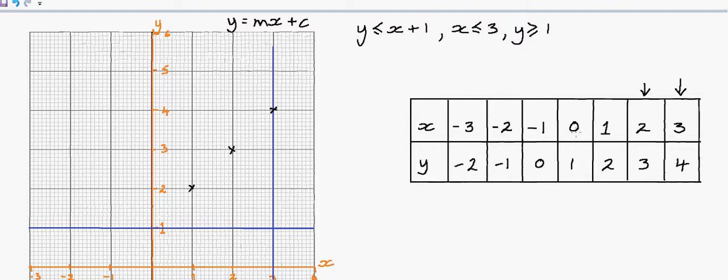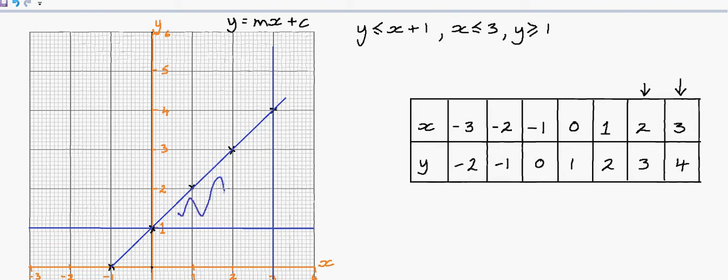Where x equals 0, y will equal 1. Where x is minus 1, y is 0, because it goes 2, 1, 0 and then minus 1. Okay, so I've got enough points there to drop my line in, so I drop in my line, and there you go.